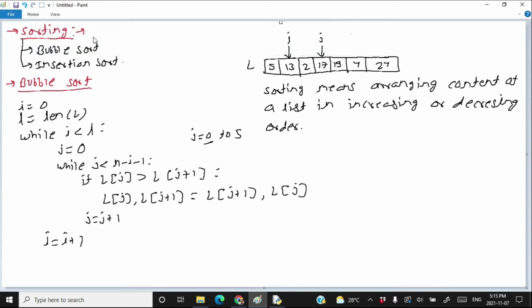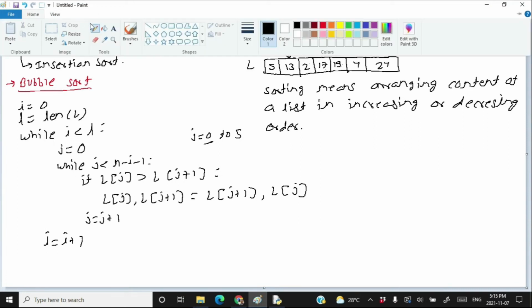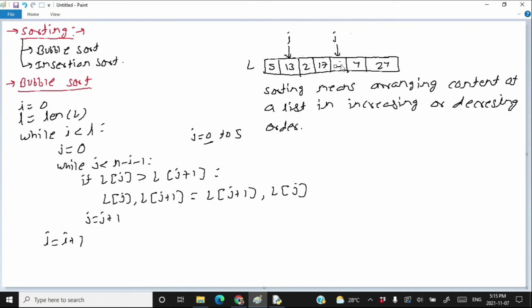Again you increase the value of j and keep it at this point. Again you compare if Lj is greater than Lj plus 1. Yes, it is. So just swap these values, 4 and 19.